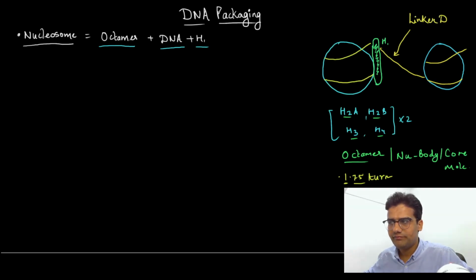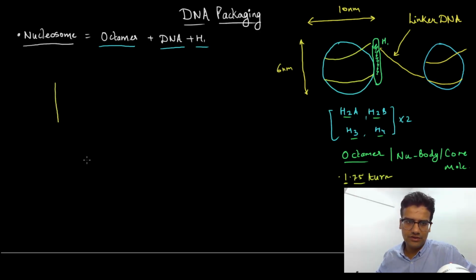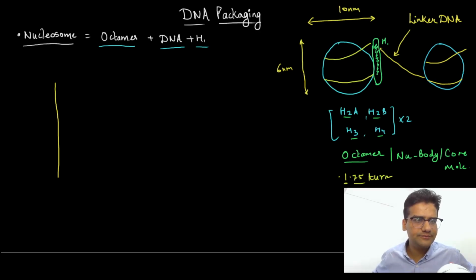The length here is 10 nanometer, and the height of the octamer is around 6 nanometer. If we see DNA under a microscope, we will see that it is folded around a ball-like structure, which is histone.